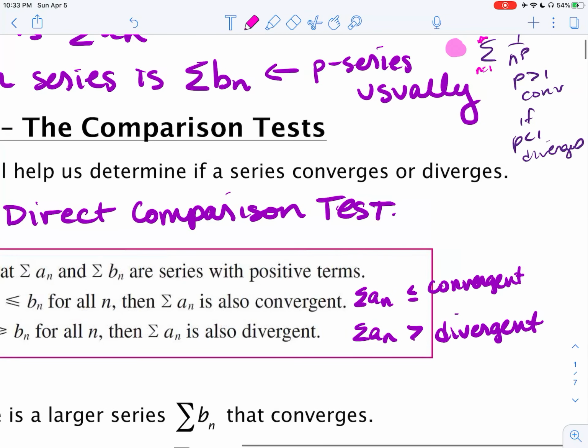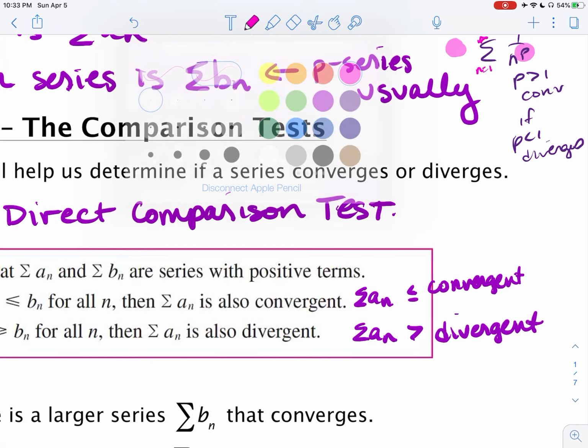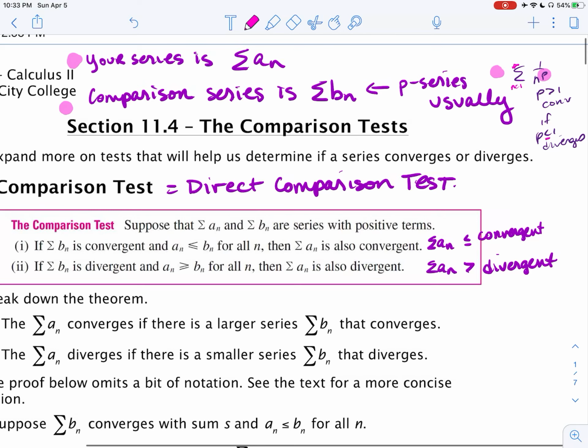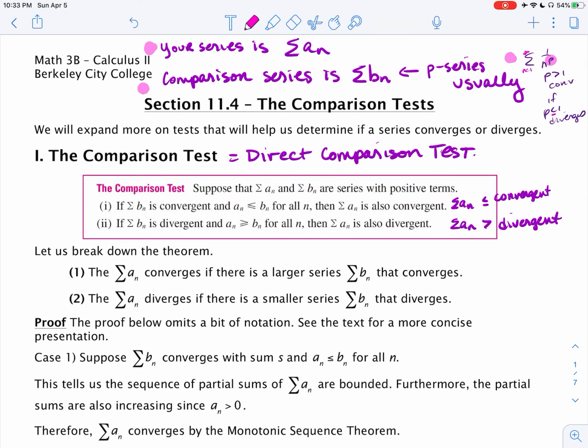If P is bigger than 1, it converges, and if it is smaller than or equal to 1, it diverges, because remember 1 over n, the harmonic series, is a divergent series. So that's how you can make great use of the P-series test.